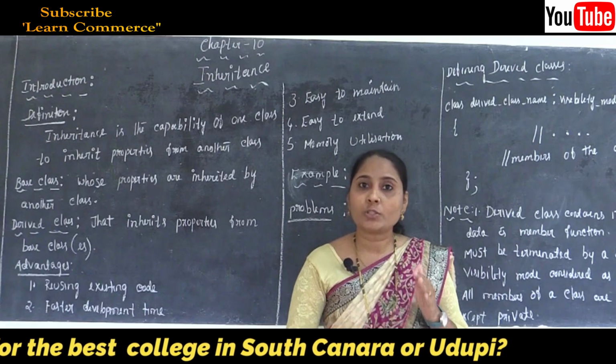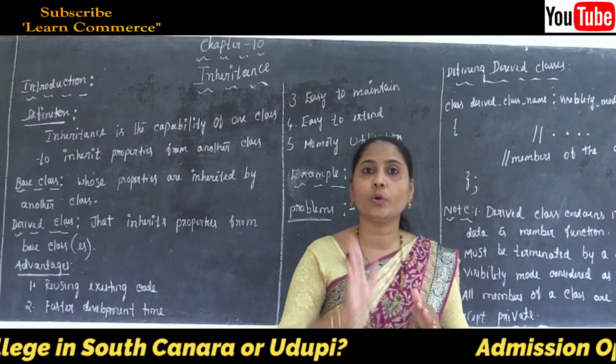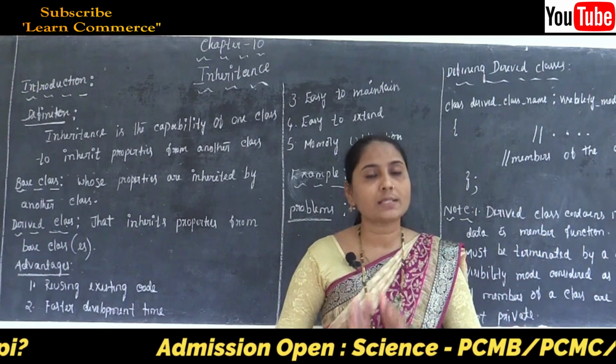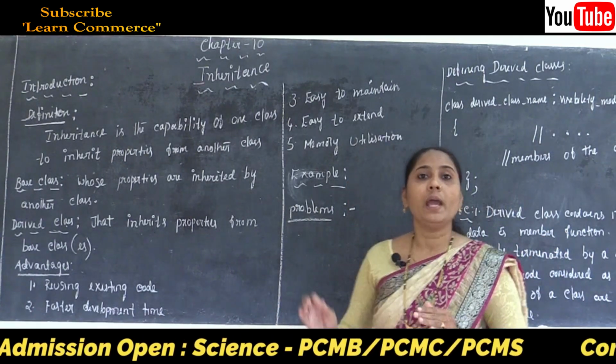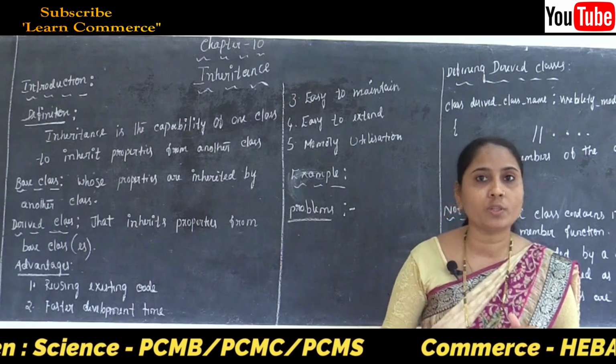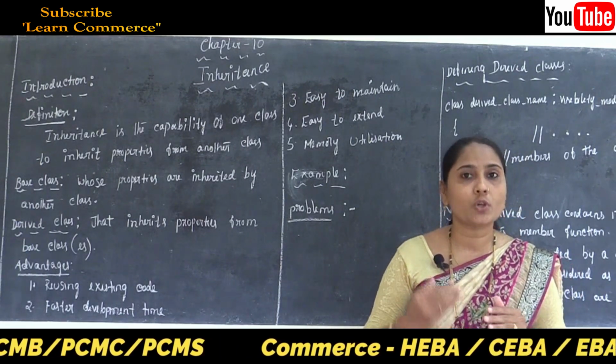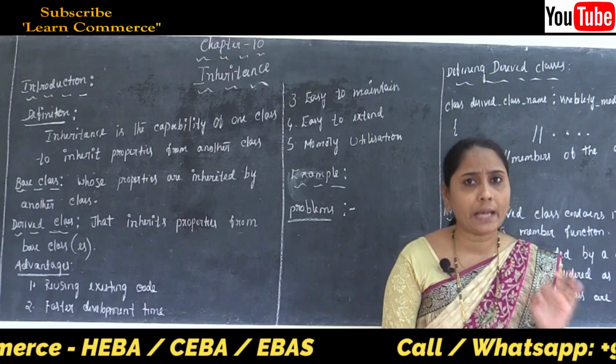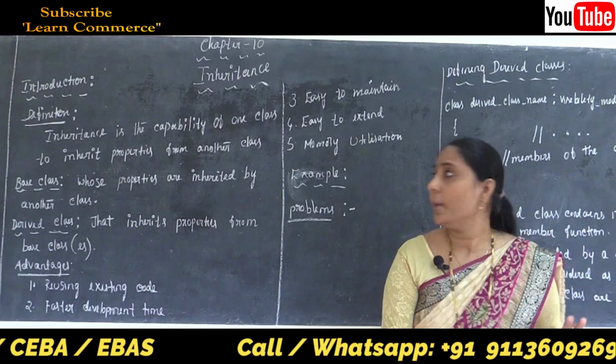That means the derived class does not just inherit properties from the base class, our new class also contains some additional features of its own. So this is about some points of the derived class as well as the base class.